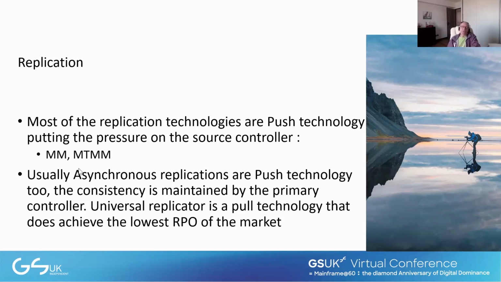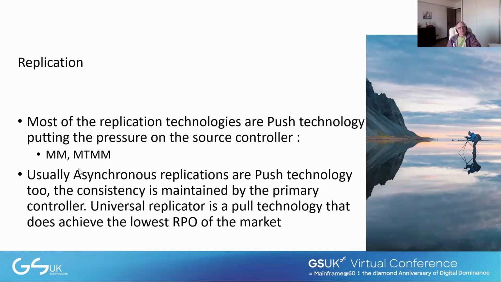because whatever you want to do, the push technology needs some processor usage on the primary and some controls on the primary that the data is well received on the secondary, and that consistency is maintained. So you need several features involved in this process, especially in asynchronous mode, because you need to maintain data coherency and consistency whatever happens in between.